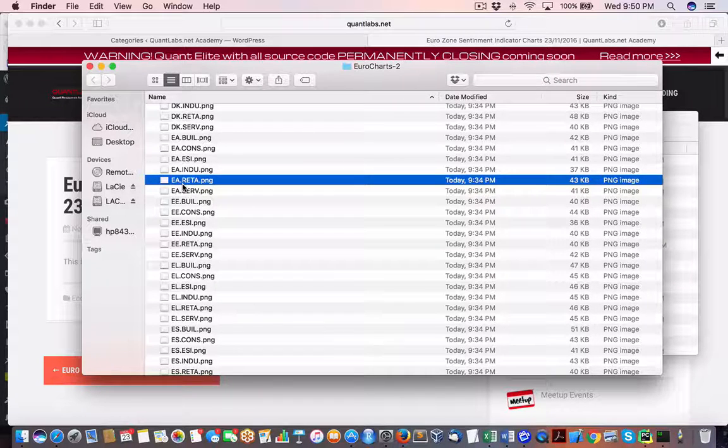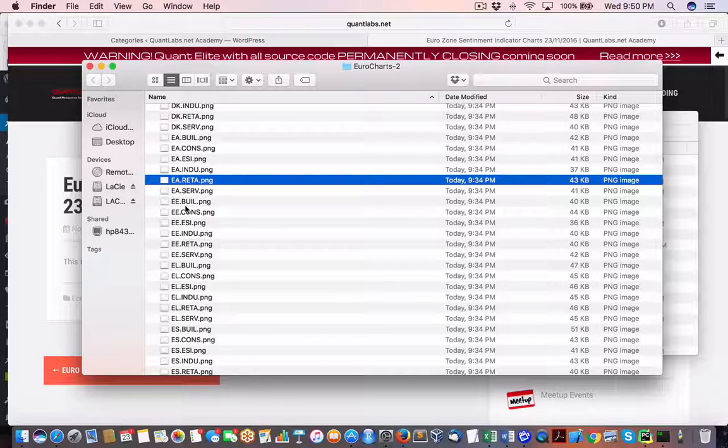Keep in mind it's just an idea, to give you an idea by sector of what country you may want to long, maybe an ETF in that sector, and then short another ETF in that sector based on that country. So you'll be able to short and long between two ETFs if you wanted.